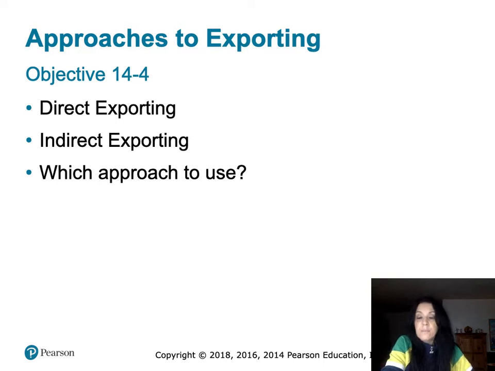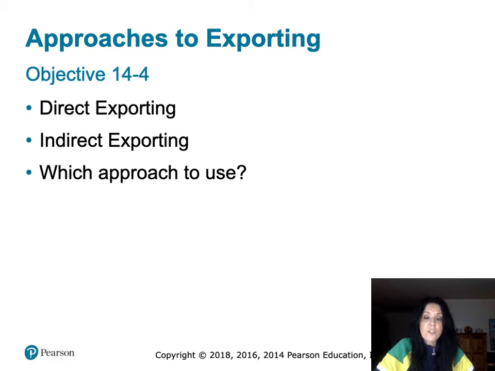Direct exporting requires a company to manage the export process, minding all aspects of making and marketing the product. Whereas in the case of indirect exporting, some companies prefer to do what they do best and outsource the rest of the practices.